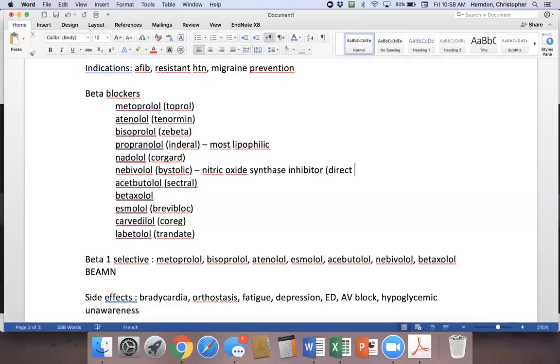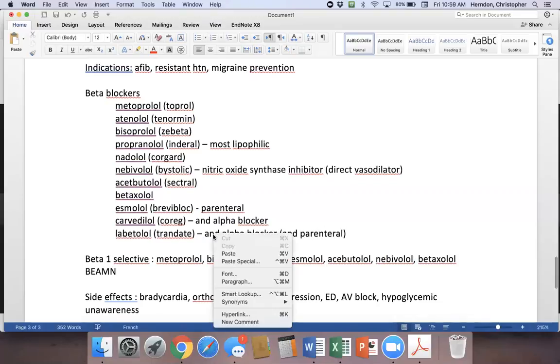It's a direct vasodilator in addition to its beta blocking effects, right? Esmolol. It's parenteral. That's what you see used in-house sometimes. Carvedilol, what's the deal with that? Labetalol. Okay, we get the beta blockers pretty good.